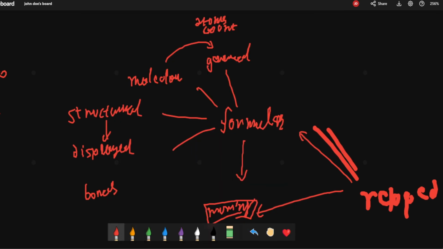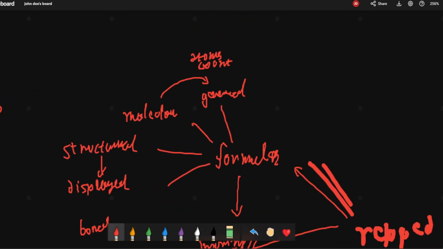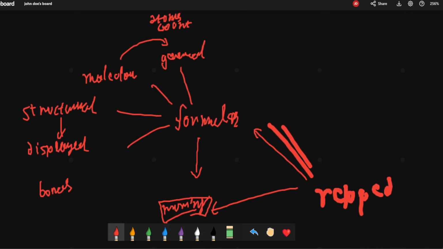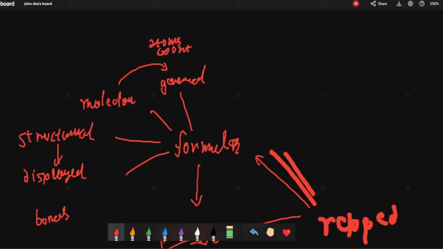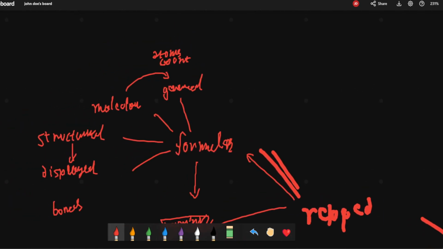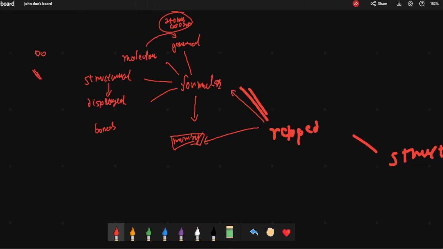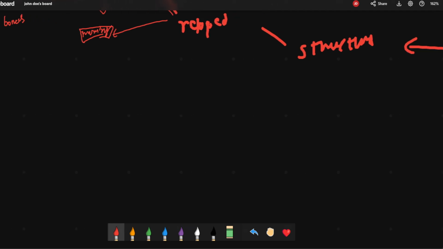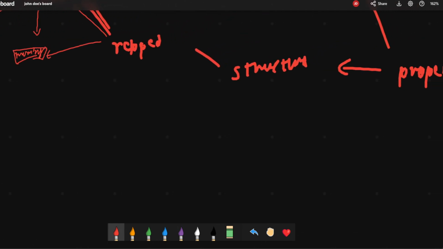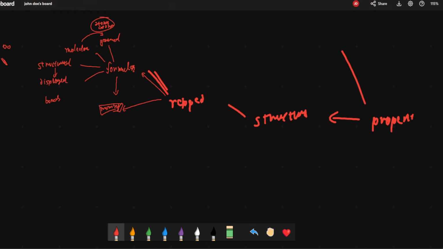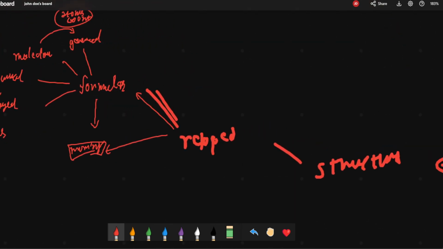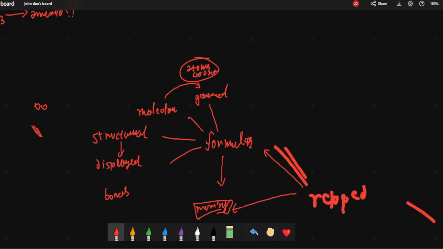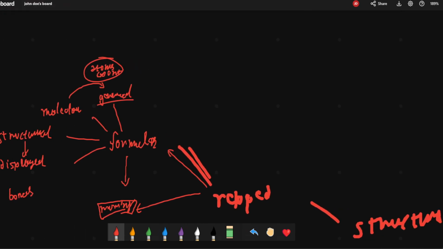Now that we've figured out that there are formulas for bonds and formulas for your atom count, we can also talk about the actual things in the structures that affect the molecule and what the general formula actually means.